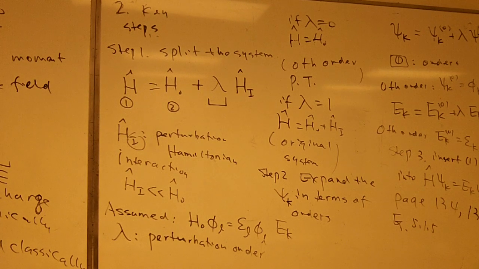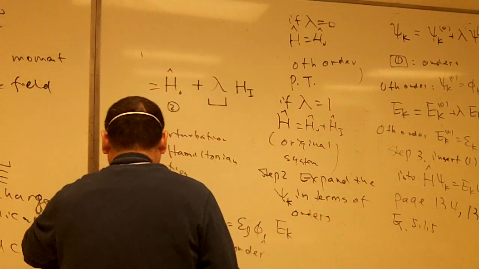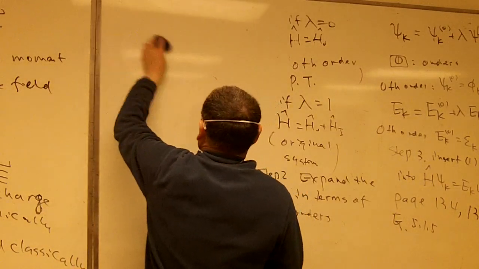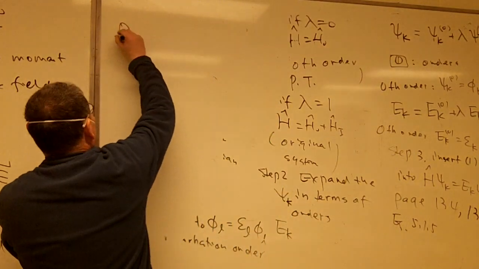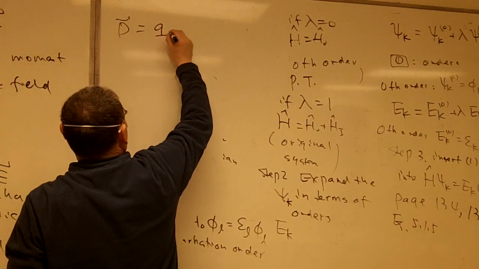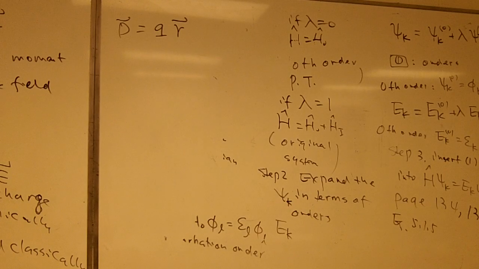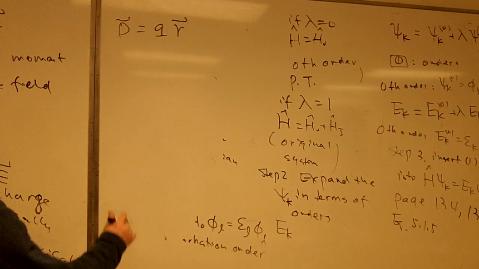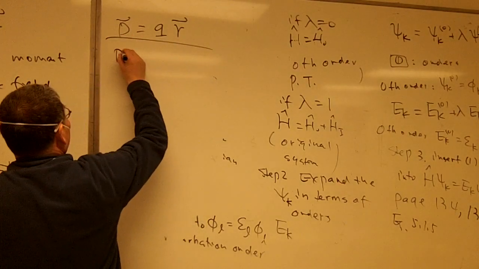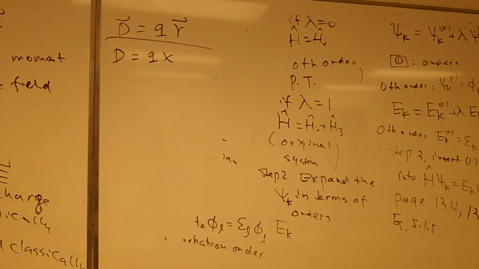You remember in classical physics, this D is just the charge times the location of the charge. So that's where it's situated. In one dimension, we just write q times x.